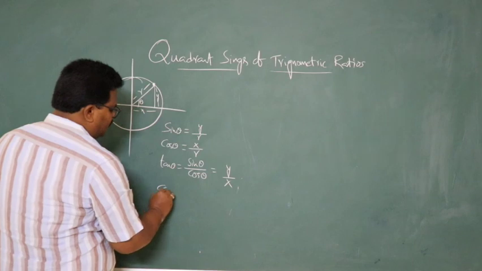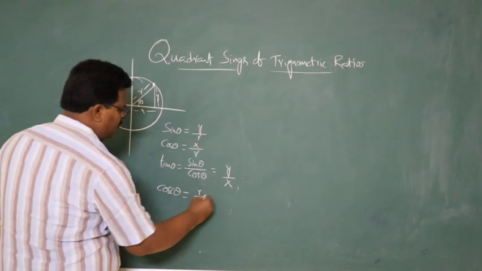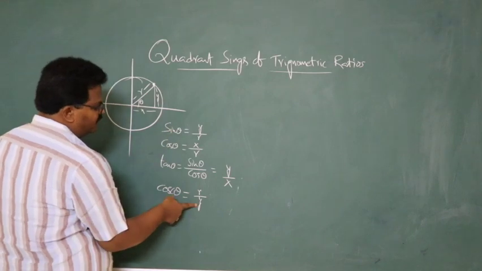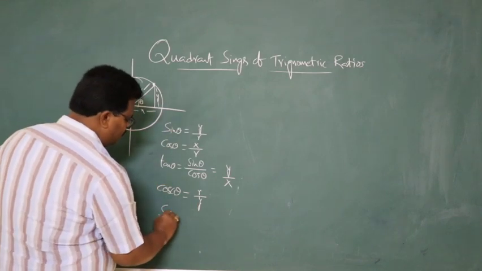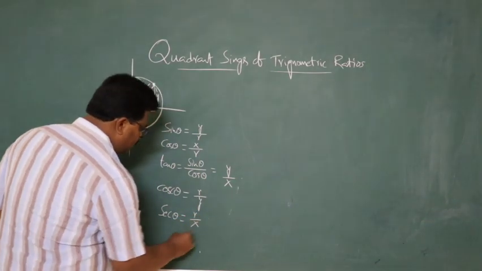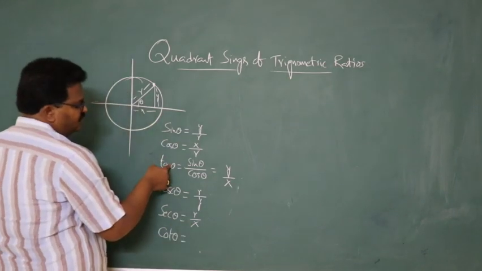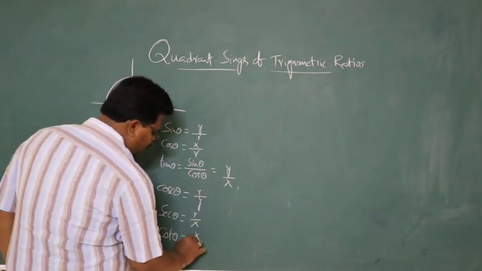What is cosec theta? That is r by y, the reciprocal of sin theta. What is secant theta? The reciprocal of cos theta, that is r by x. What is cot theta? The reciprocal of tan theta, that is x by y.